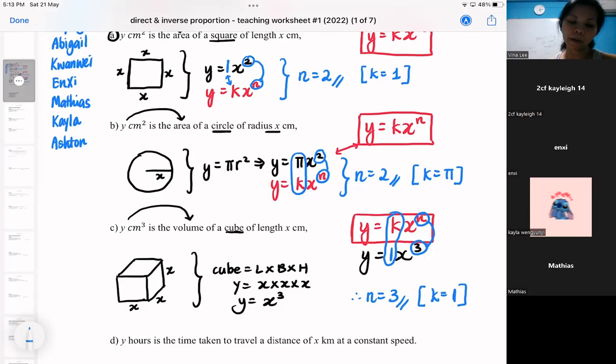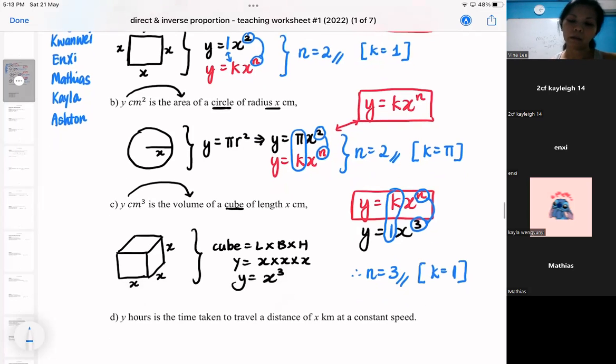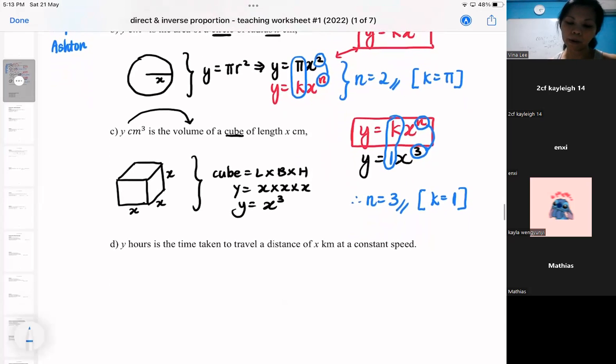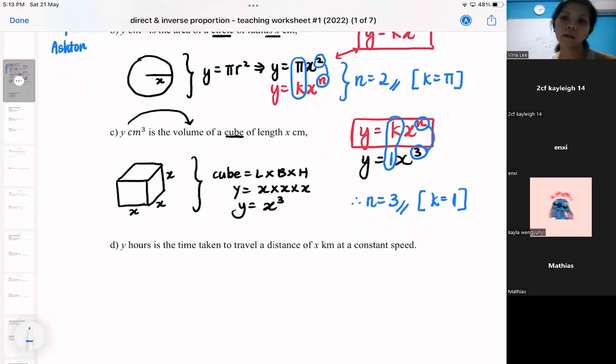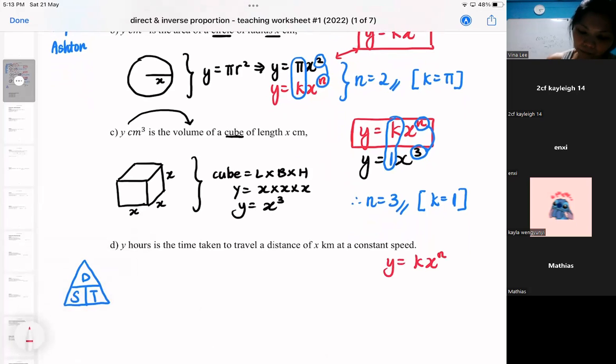So far we have been comparing area and volume. The last one, you're supposed to compare with speed, distance, and time. I'm going to help you out with the triangle first. Here, I'm going to give you 1 minute to try.